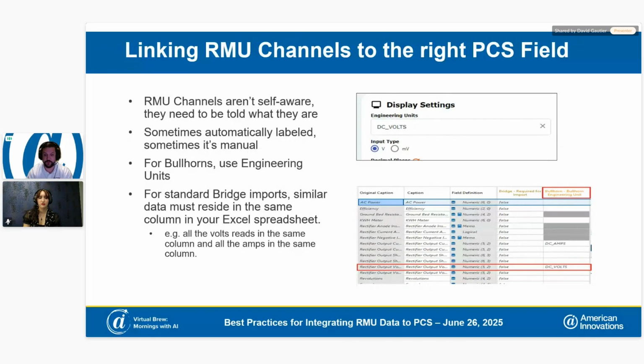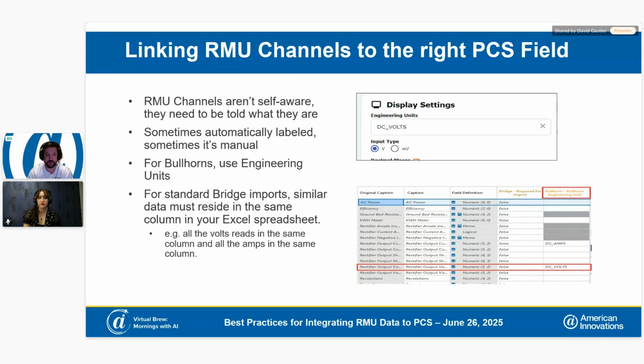Now, if you're importing other types of RMU data, then you're not going to use an engineering unit. What you're actually going to use is an Excel spreadsheet, either a CSV or an XLS format. And we'll talk about the format that we require here in a little bit as well. But the structure of that spreadsheet is really important.